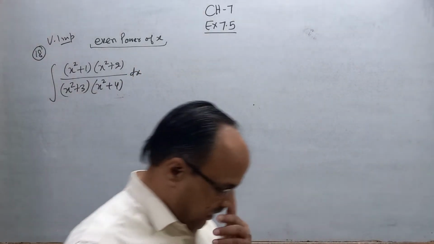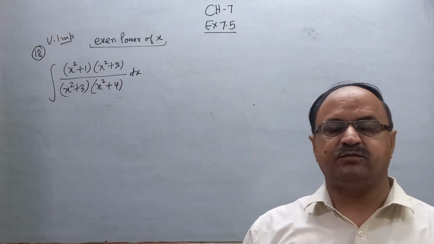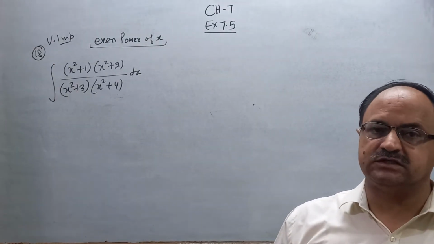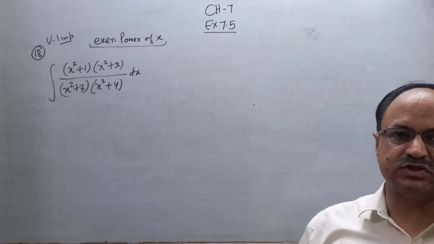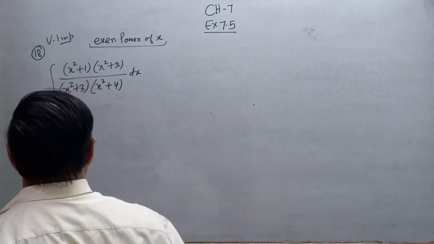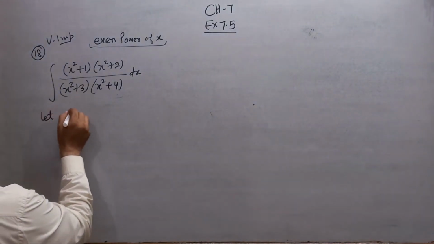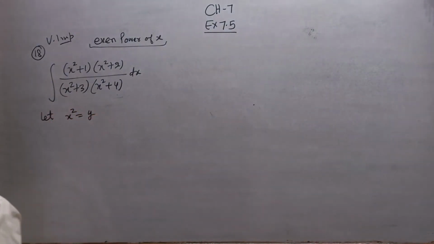Clear? Even power of x only. In this type of question, only x square and x to the power 4 are present in the function. So, for partial fraction, let x square be equal to y, only for partial fraction.